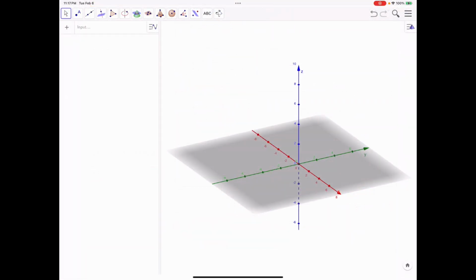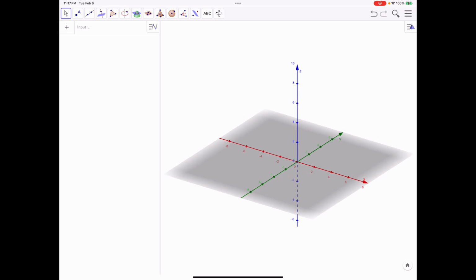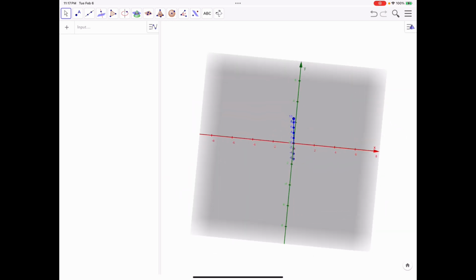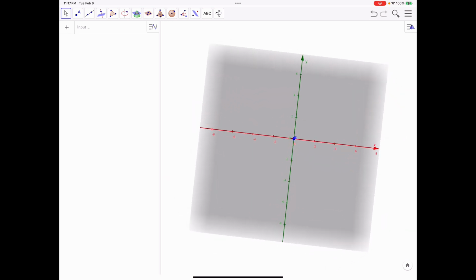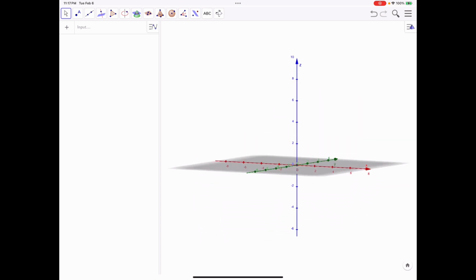All right, so this is GeoGebra, and GeoGebra will allow me to use 3 axes, the x, the y, there's x and y, and also z.